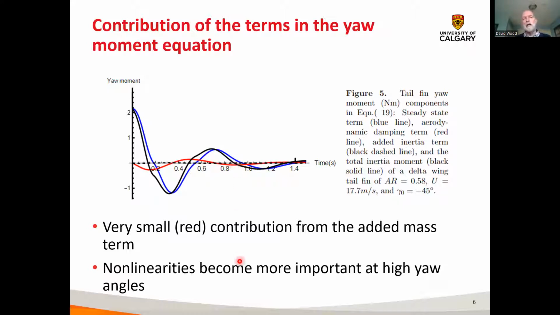I haven't shown it here, but further work that we have done shows that the nonlinearities become more important at high yaw angles. Unfortunately, at the moment, there are no wind tunnel tests of tail fins at high angles to compare with.